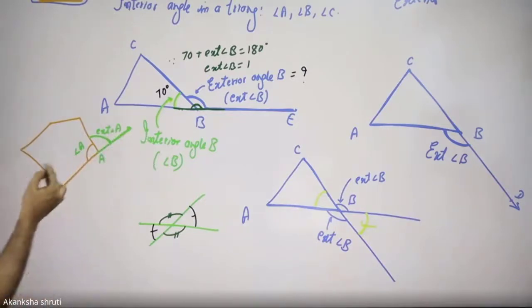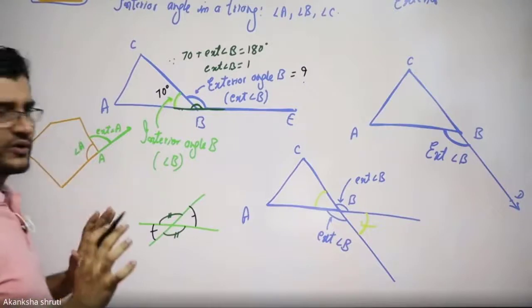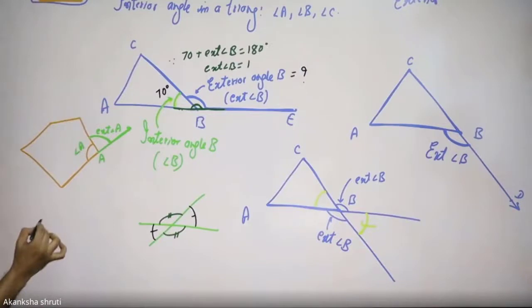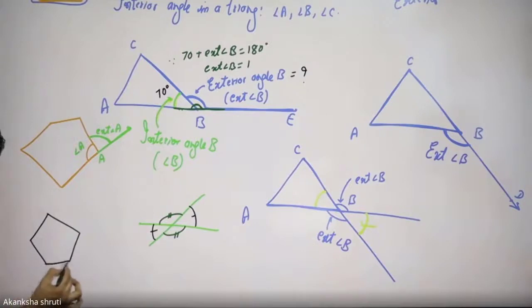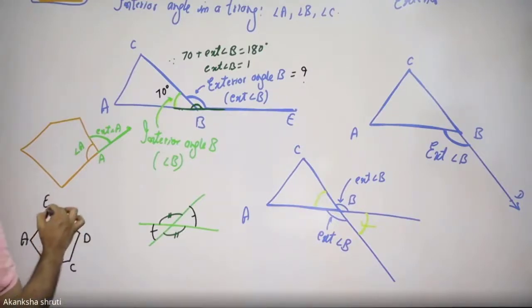This is true also for the triangle or any kind of polygon. Okay, students? It may be true for a hexagon, heptagon, or pentagon, any of them. Let us consider A, B, C, D, E. We want to know the angle at E, or the external angle.